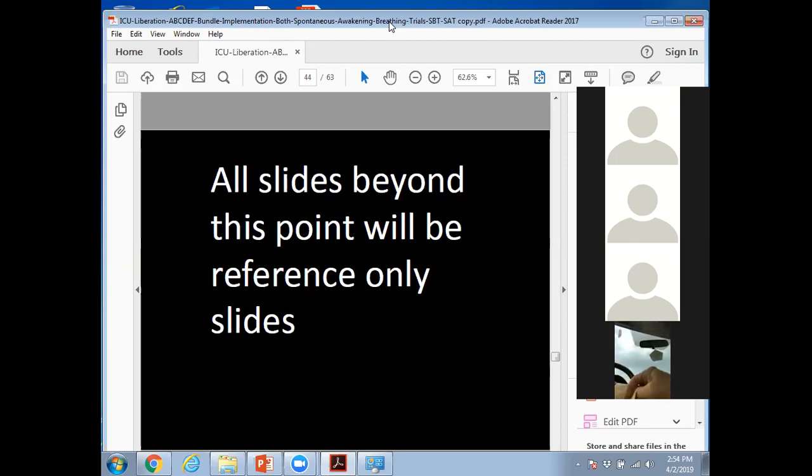So there are two approaches. Approach number one is this daily interruption of sedation, okay? There is another approach, which is using a sedation protocol, weaning sedation gradually, etc. And there are pluses and minuses for each one.